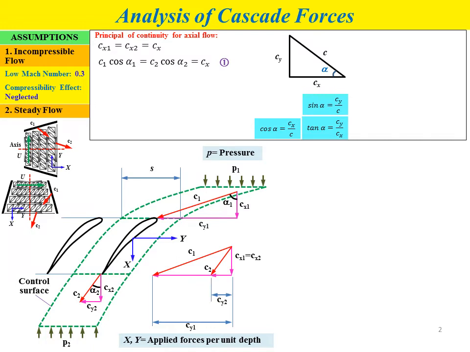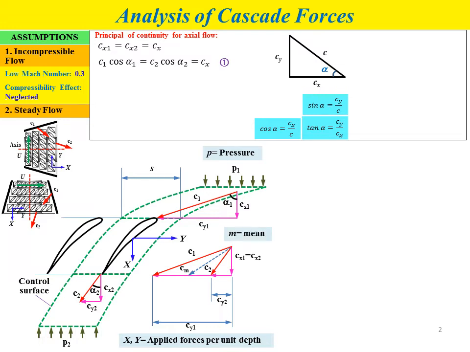Now further, for C2 we also have the Y component Cy2. If we average both velocity vectors, C1 and C2, we get another flow velocity vector that we call Cm, the mean flow velocity vector.